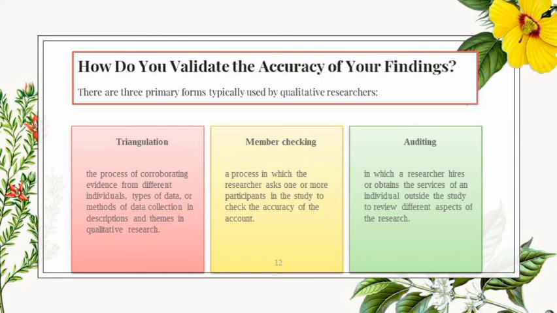The second, member checking, a process in which the researcher asks one or more participants in the study to check the accuracy of the account. The third, auditing, in which a researcher hires or obtains the services of an individual outside the study to review different aspects of the research.